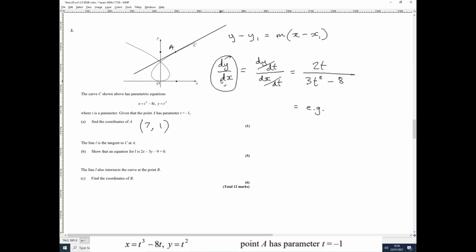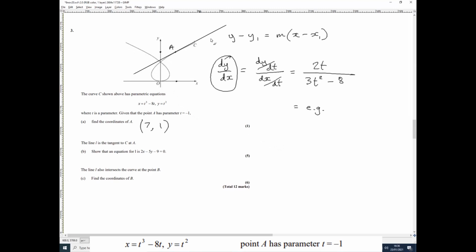Oh wait. So are we using the numbers now? So the gradient is 2t over 3t squared minus 8. The gradient function, yes. Any point on this curve is going to be 2t over that. So m equals 2t over 3t squared minus 8, in general for any point on the curve.